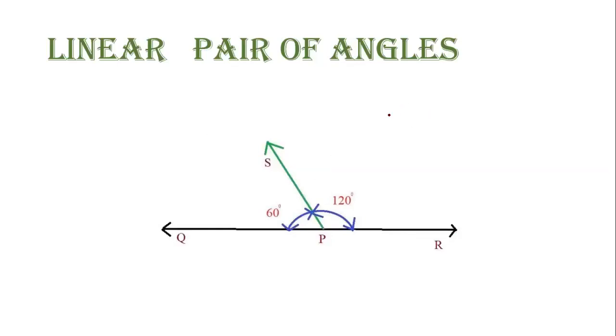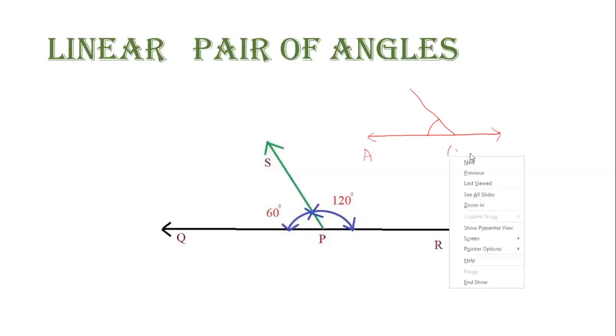Like here, when on a straight line we are given that this is a straight line, and this is 70 degrees. So what about this angle? We have to find this angle.